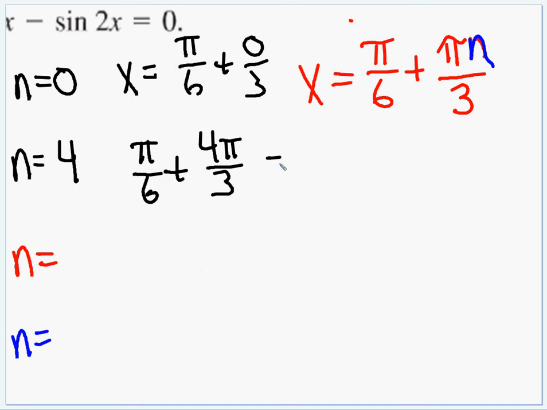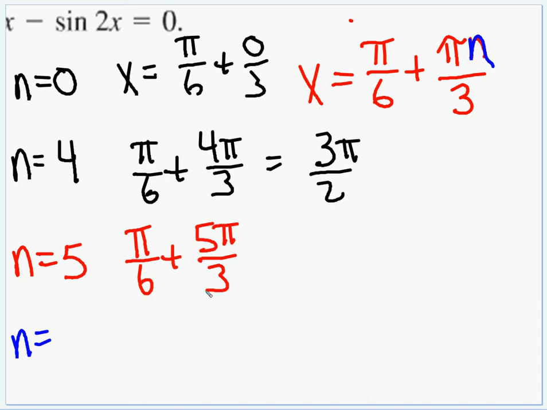And if you add those up, you get 9 pi over 6, and that reduces down to 3/2 pi. If we let 5 take a turn, that's going to be pi over 6 plus 5 pi over 3. And if you add those up, you get 11 pi over 6.